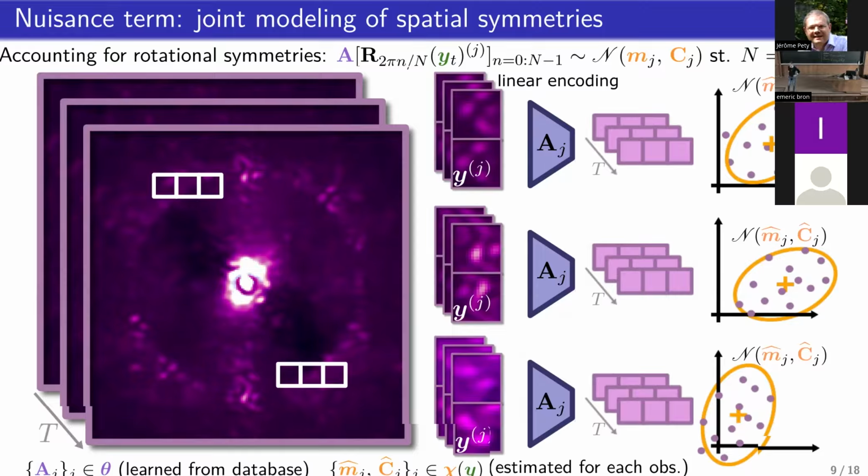When you will have more complex sources, more extended sources? Because here you're making the hypothesis that it is a point source. So will you be sensitive to calibration effects? Yeah, this is a good point.